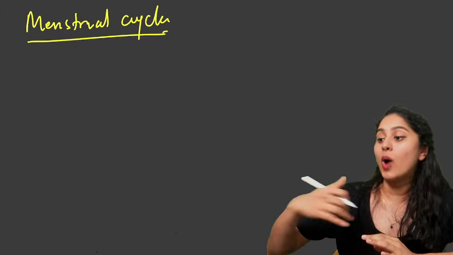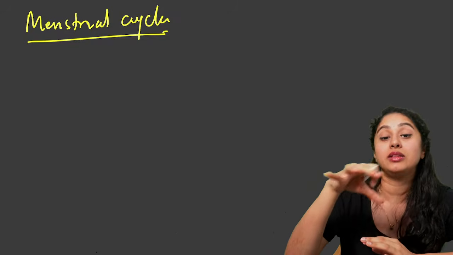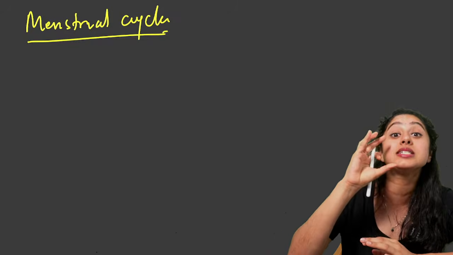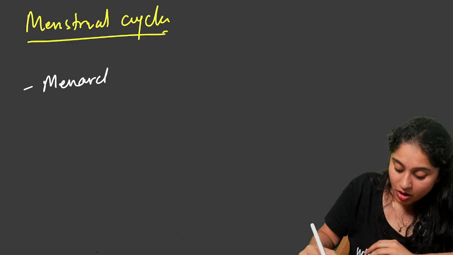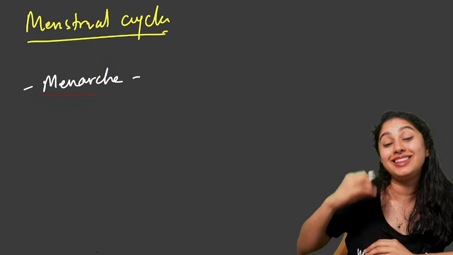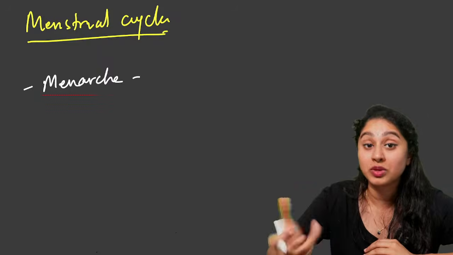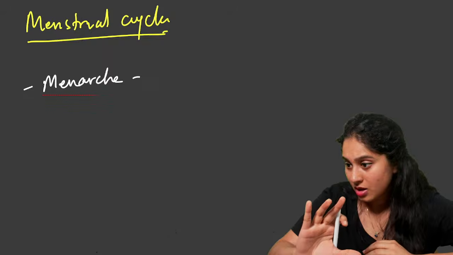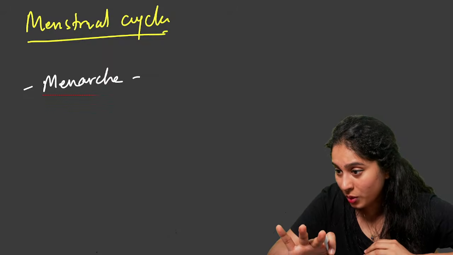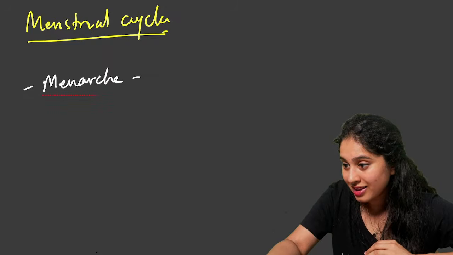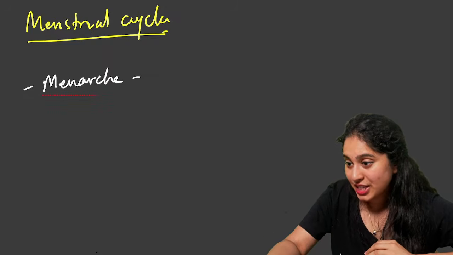Now, why does this happen during puberty? The first menstruation we call menarche. And why does it happen only around puberty? That is when the GnRH will be released. Is that clear to all of you? Right, wonderful.